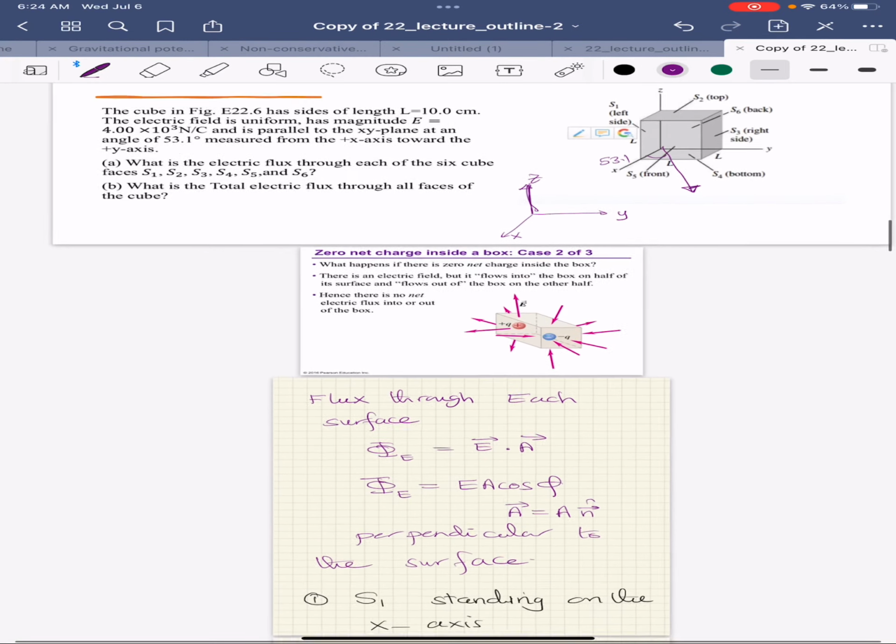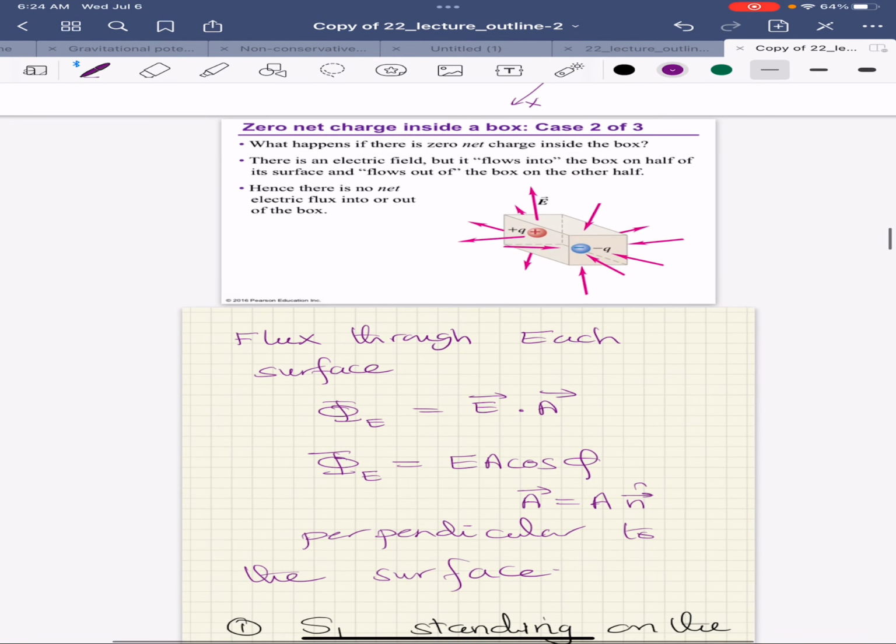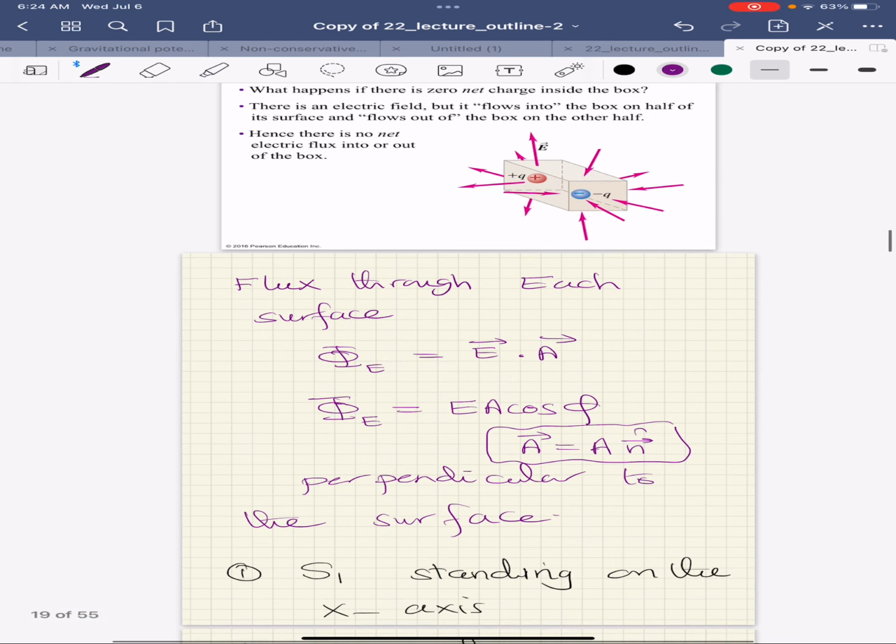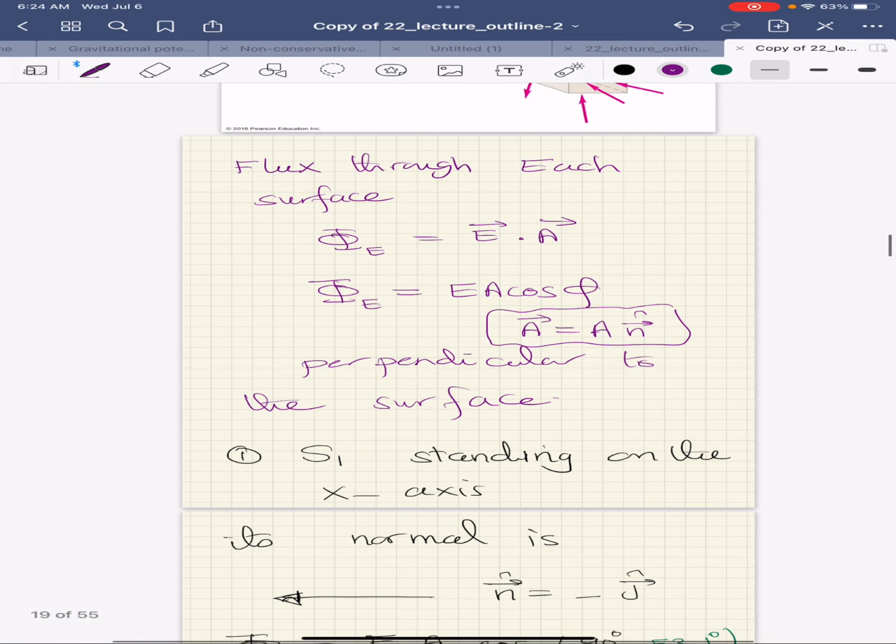Now for each of the surfaces, the flux is E times A, and therefore it is E times A cosine phi. All that is really different here is the area vector. And the area vector, as I said, is A times n, and it is always perpendicular to the surface.